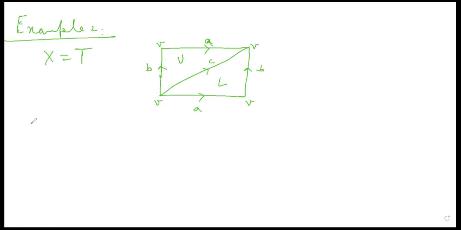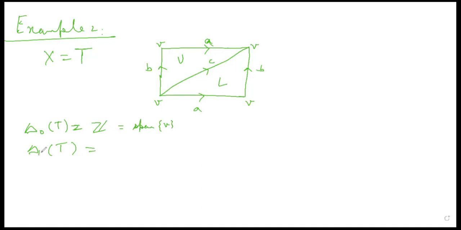So delta 0 T is Z, because there is only one zero-dimensional open simplex. It is the span of V, right?